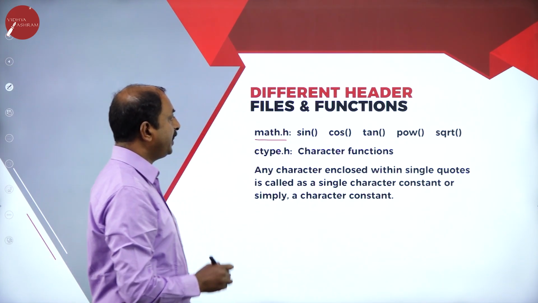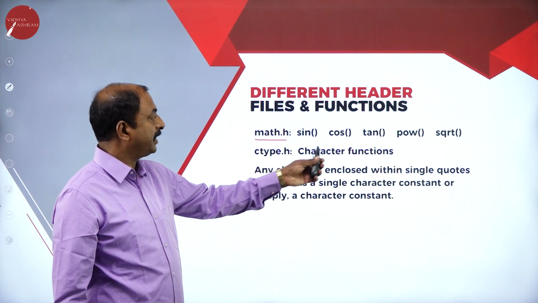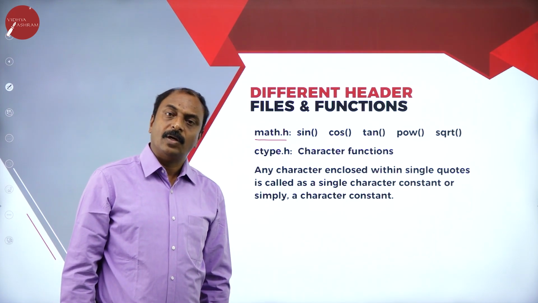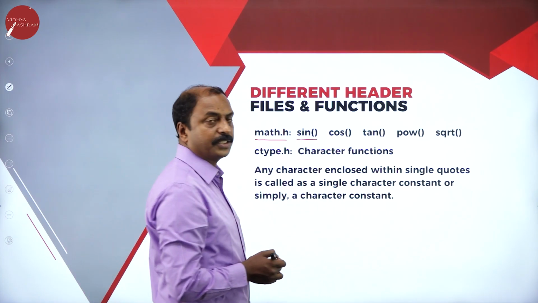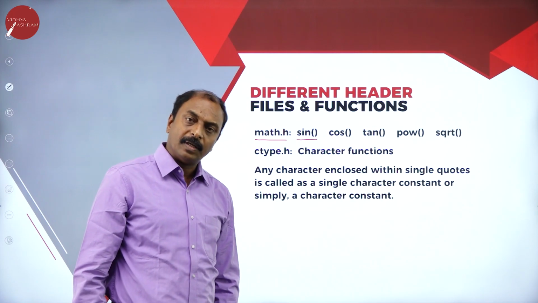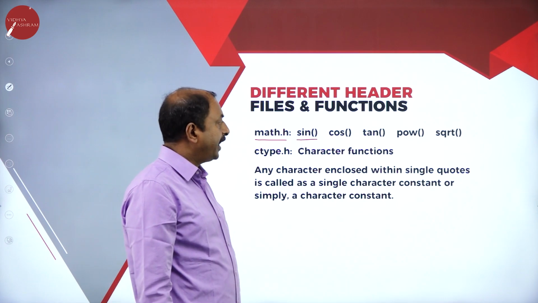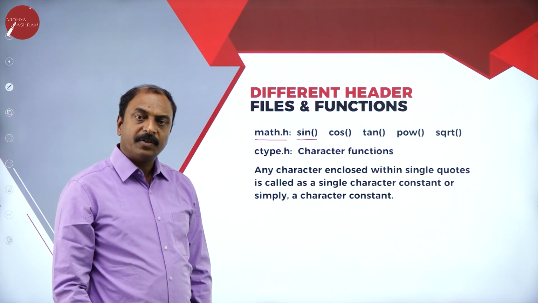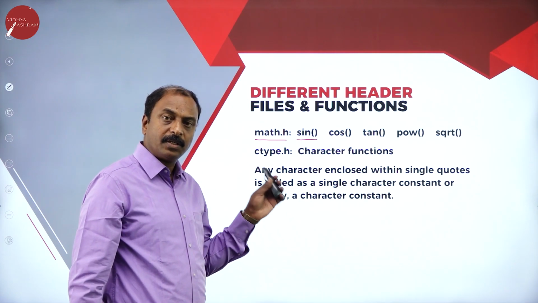In the next slide, math.h. For any mathematical functions or mathematical operations, we use math.h. Normally we have come across sin, a trigonometric function. You might be aware of the trigonometric functions sine, cos, tangent, tan inverse. For all the trigonometric functions we have the functions under math.h.